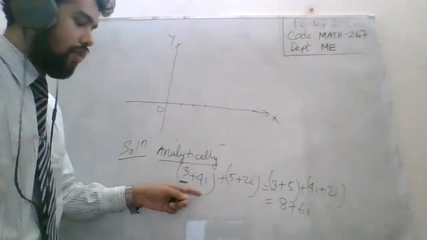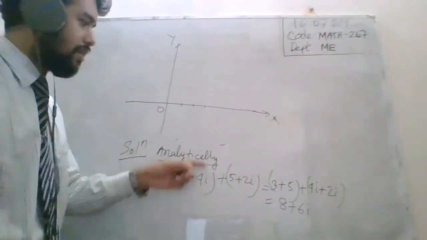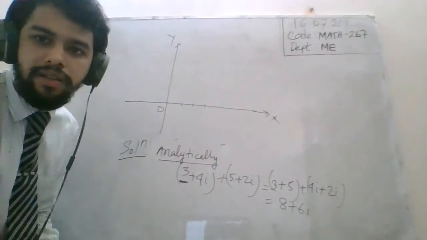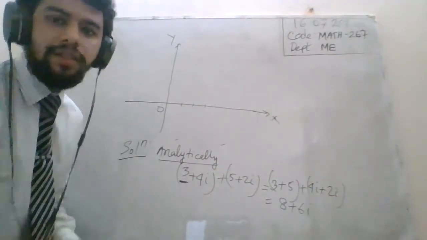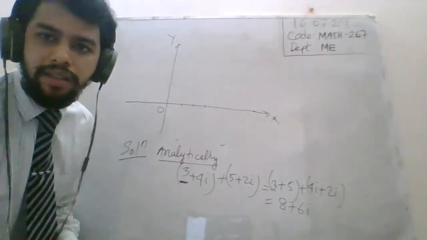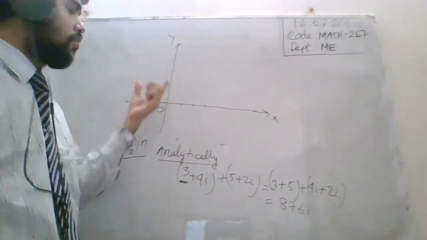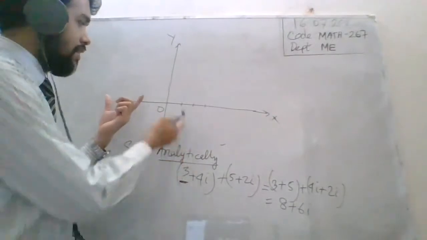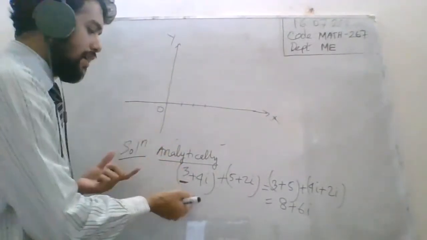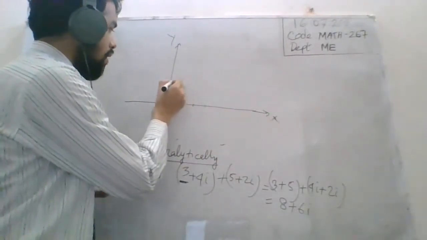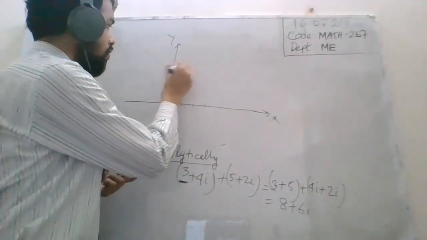For i, you have to take the imaginary axis parallel to y, and then you can sketch it. For 4, you can write 1, 2, 3, 4.